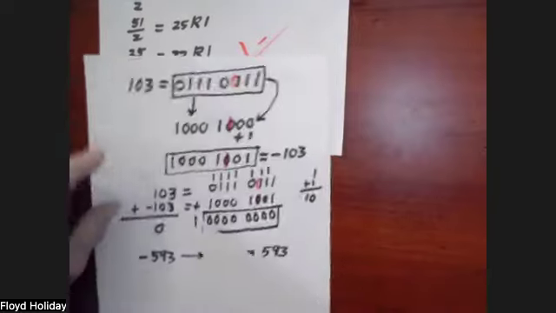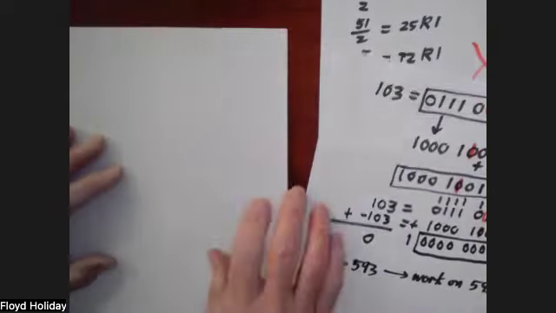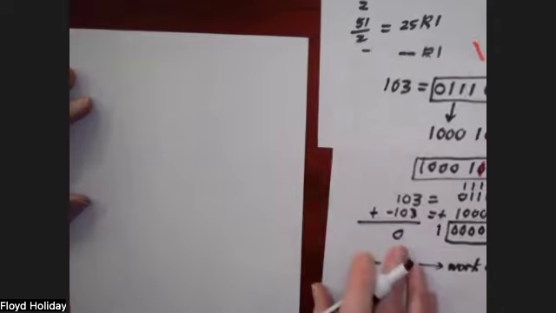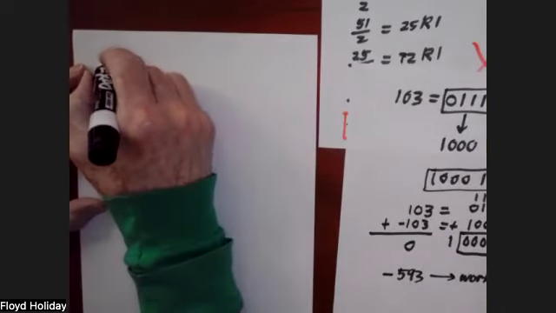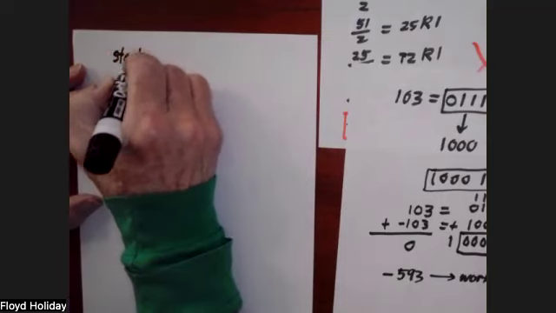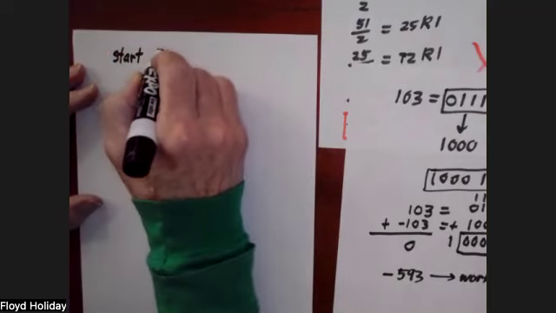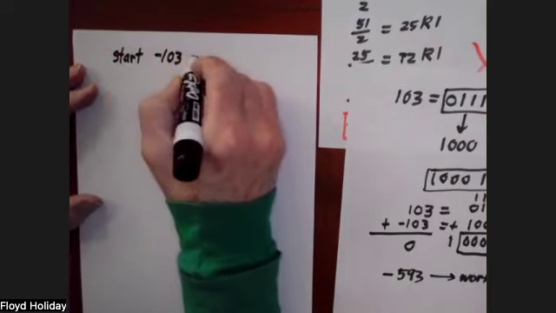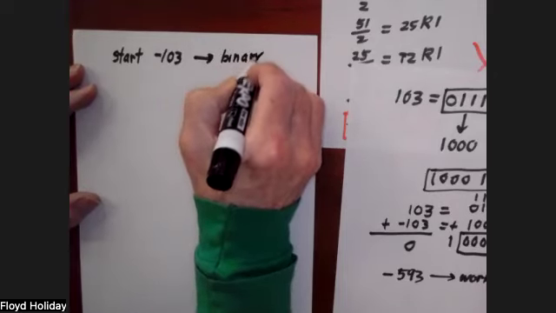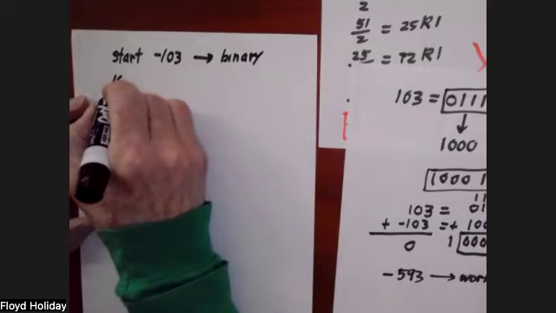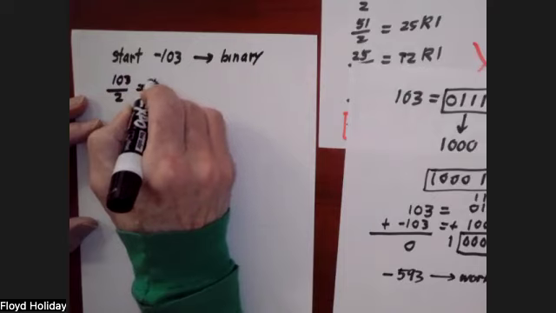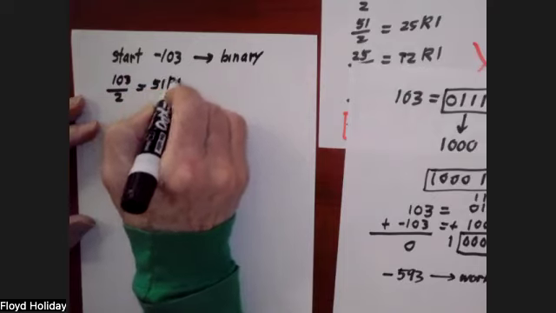Now, when you play this back, you want to see it correctly. So here we got to do it right. Start. Negative 103 to binary.